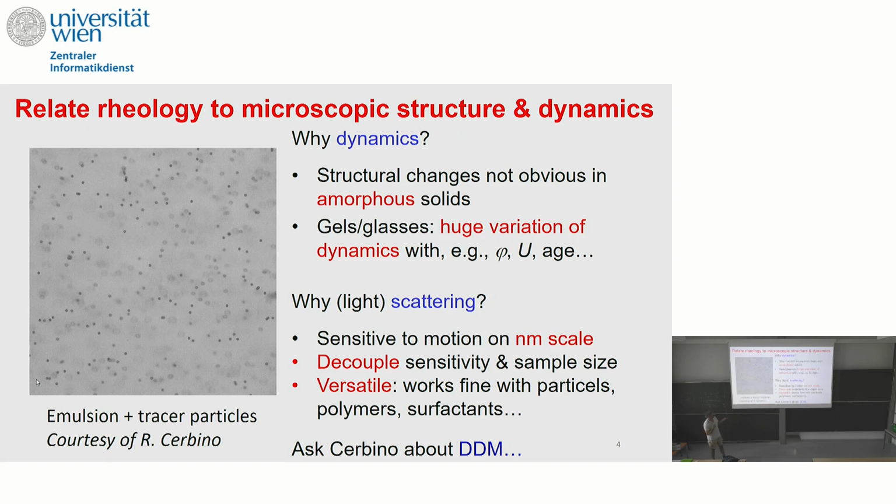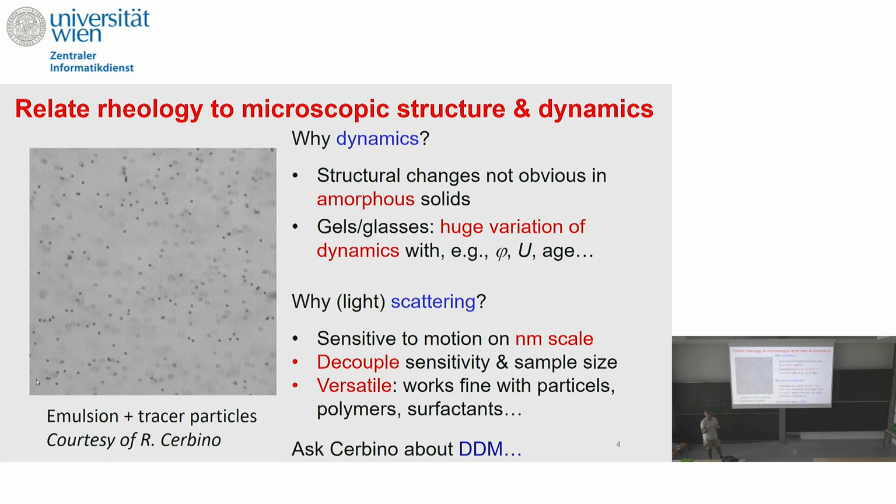For example, for a sample just at rest, if you change the volume fraction or the interaction potential or the age of the sample, that can lead to enormous variations, orders of magnitude variations in terms of dynamics, whereas the structure remains essentially unaffected.